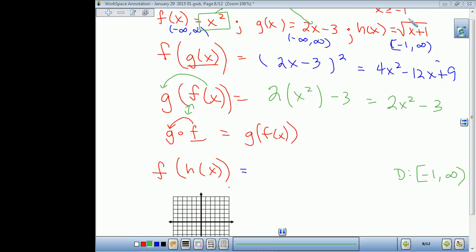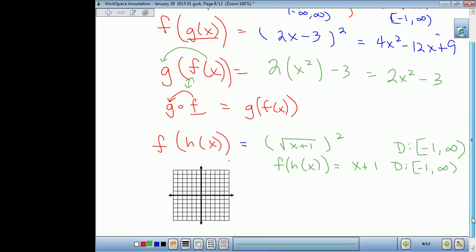When we plug this in here, then it's just x plus 1. So this composition, f of h of x, is just x plus 1, but the domain only goes from -1 to infinity. The line just stops right here. It is a ray.